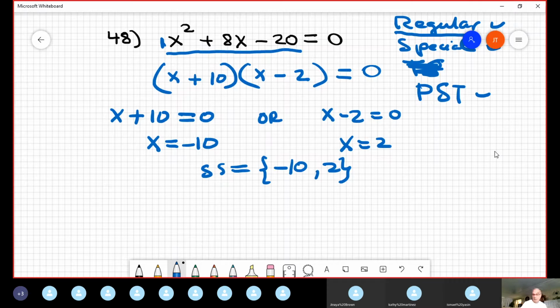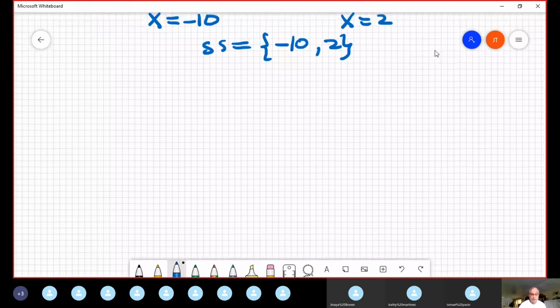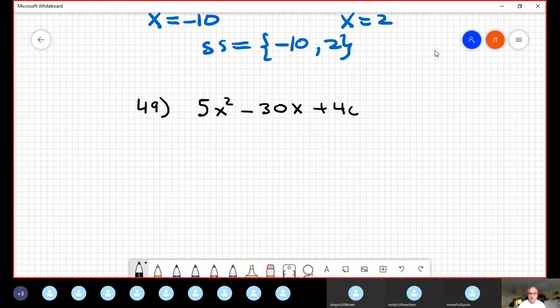Okay. 49. 49 is 5x squared minus 30x plus 40 equal to 0.